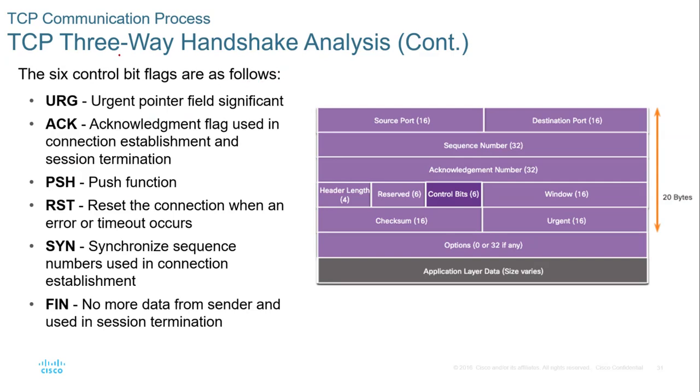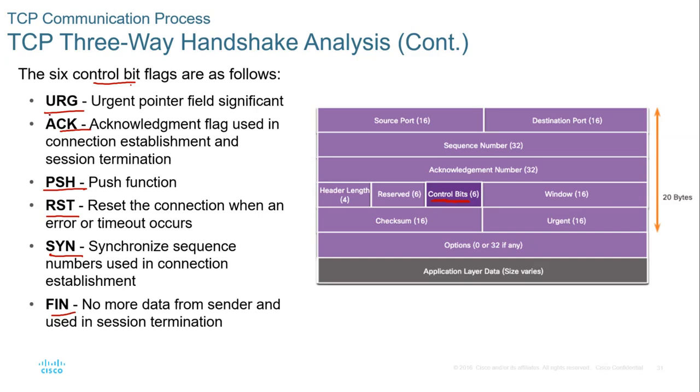In the three-way handshake analysis, there are 6 control bits. We talked about the control bits controlling the session establishment and even the termination. The six control bit flags are urgent, acknowledgement, push, reset, synchronization, and finish.